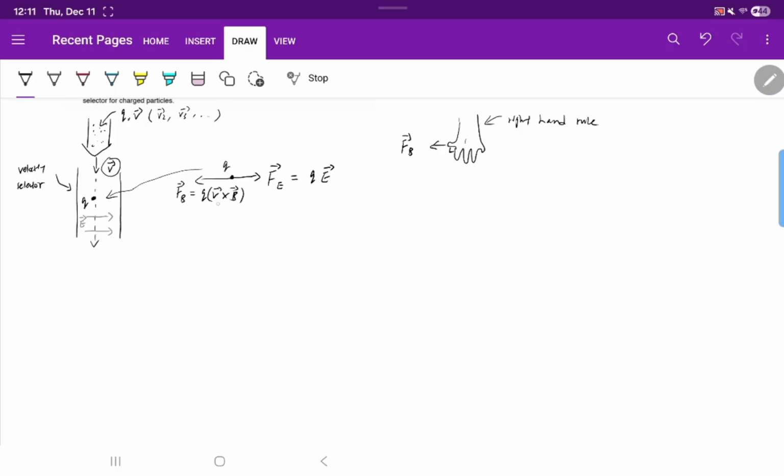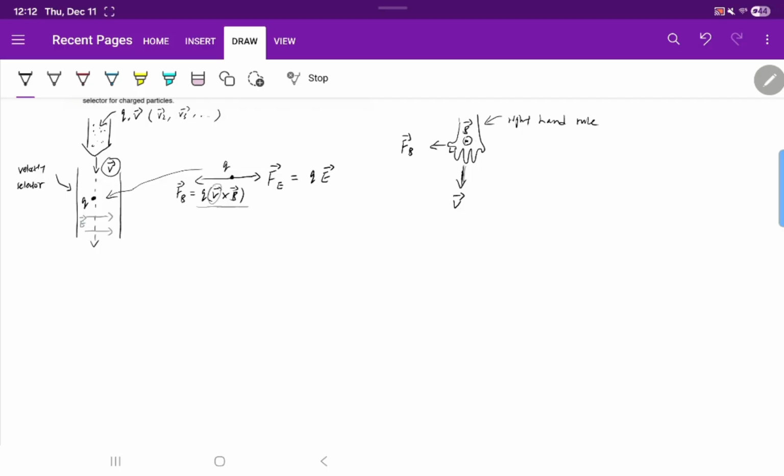When you go back to the magnetic force equation, you see that the velocity comes first in the cross product. So your fingers will point in the direction of the velocity, and the direction of your palm is the direction of the magnetic field.